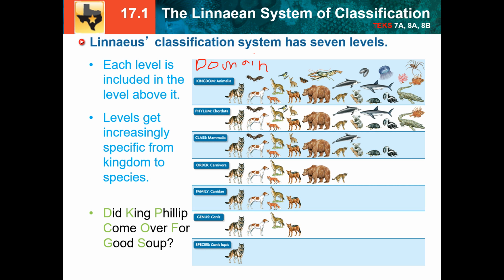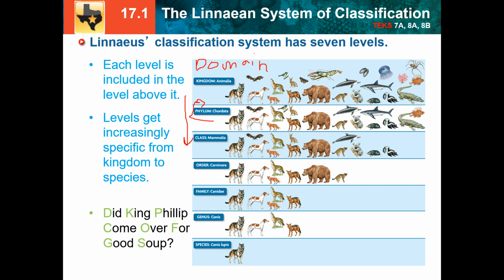And each level is included in the one above it, so the phylum is included in the kingdom. As you can see, as you go down this diagram, it gets more and more specific, from kingdom to species.